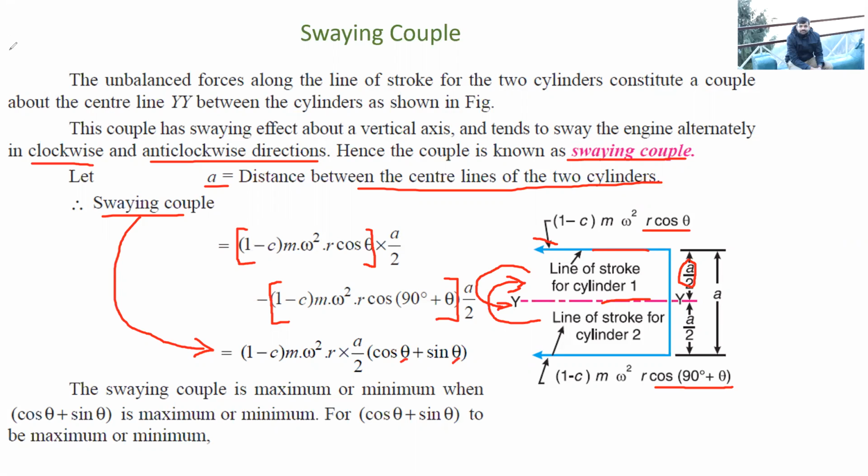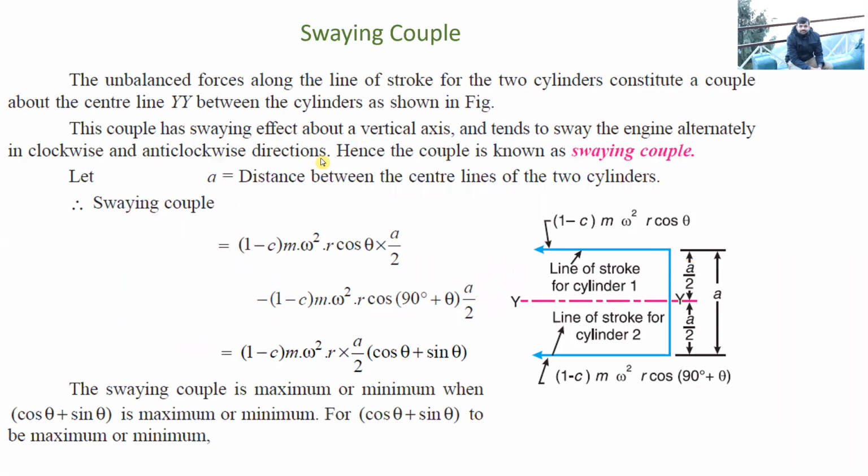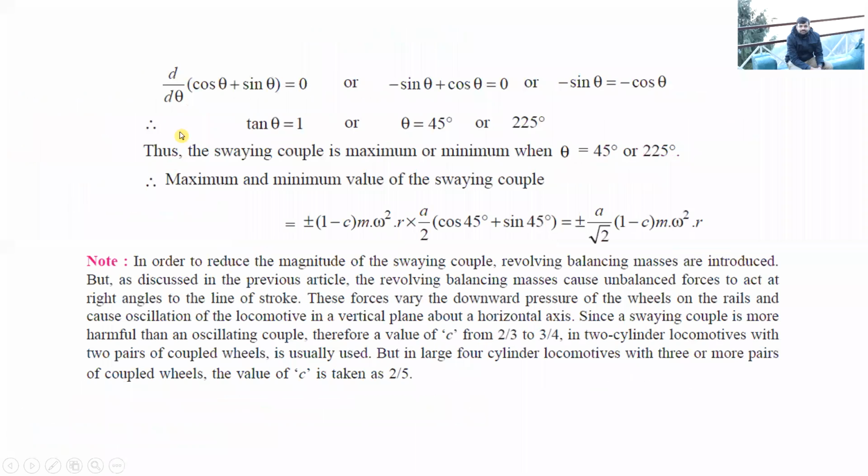Now again, we want to find the maximum and minimum value of this swaying couple. So again, we will differentiate cos theta plus sin theta with respect to theta and equate it to 0. What we find is that at theta equal to 45 degrees, its value is maximum, and when theta is 225 degrees, its value is minimum.